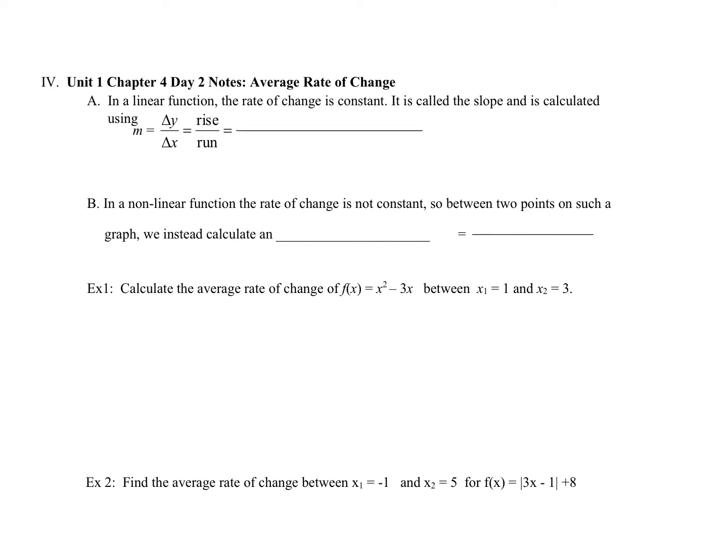In this section, we are talking entirely about rates of change. So, in a linear function, the rate of change is constant. It is called the slope. This is a word I know each and every one of you have heard before, and is calculated using a few different formulas. Generally, we use m to denote slope.